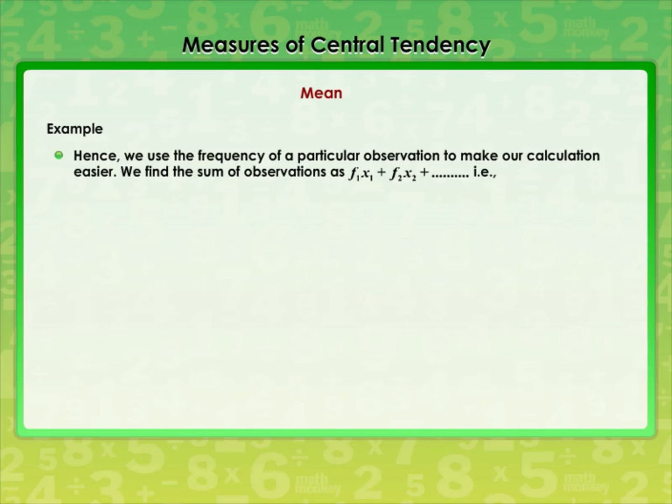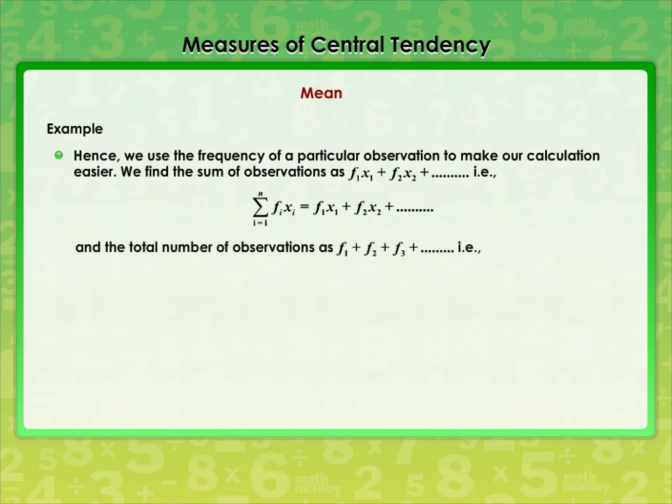We find the sum of observations as f1 x1 plus f2 x2 plus so on, that is, sigma i equals 1 to n fi xi is equal to f1 x1 plus f2 x2 plus so on, and the total number of observations as f1 plus f2 plus f3 plus so on, that is, sigma i equals 1 to n fi is equal to f1 plus f2 plus f3 plus so on.